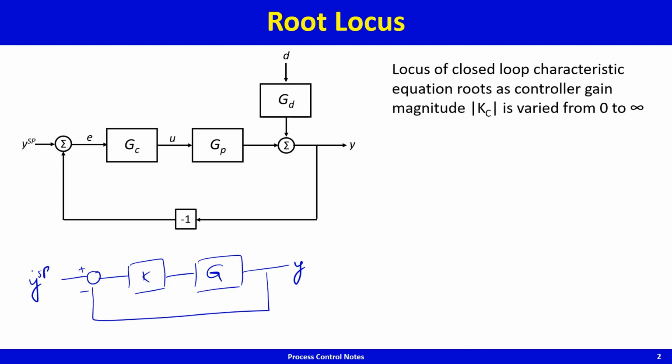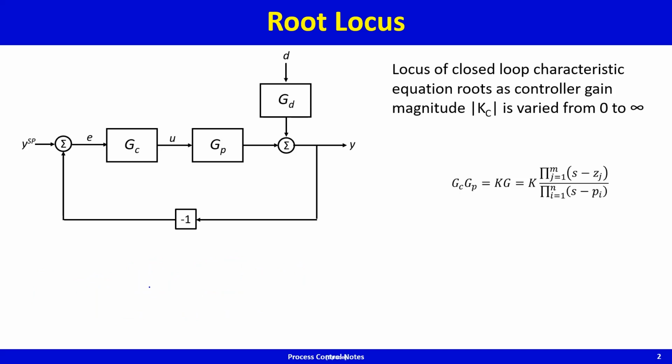Right now we are ignoring that because the disturbance has no effect on the closed loop characteristic equation, so we can ignore it for the time being. So we are looking at a system of this kind, and as K is changed, the negative feedback loop gain is changed. How do the closed loop characteristic equation roots move? The locus of those roots is called the root locus.